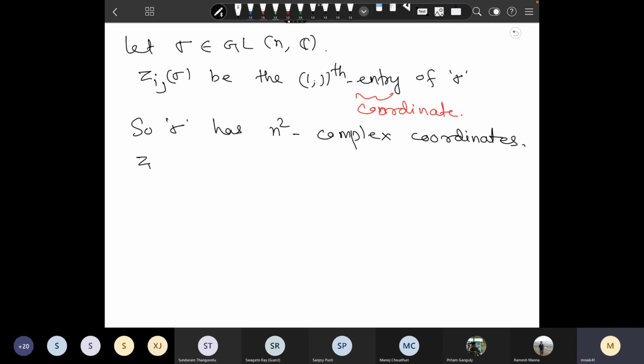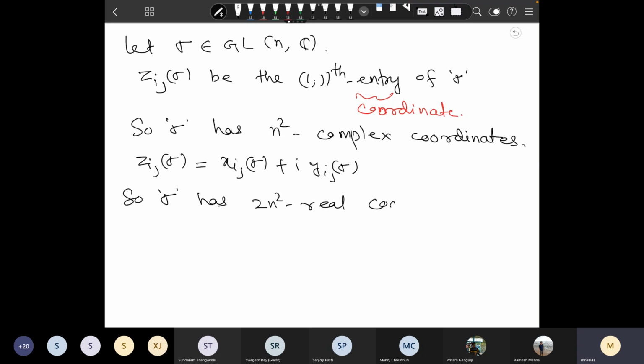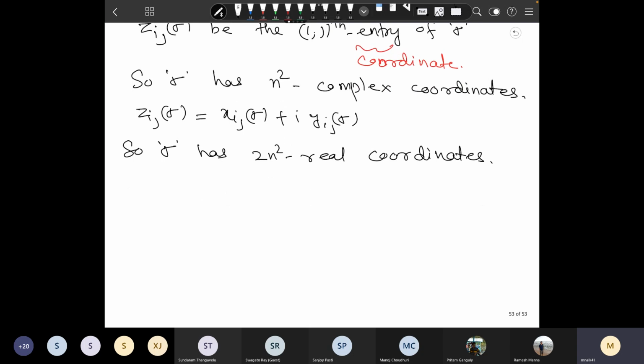That means I can write zeta ij sigma as xij sigma plus i yij sigma. So now I get two more coordinates, real coordinates. So sigma has 2n square real coordinates. Polynomial means polynomial in these coordinates.